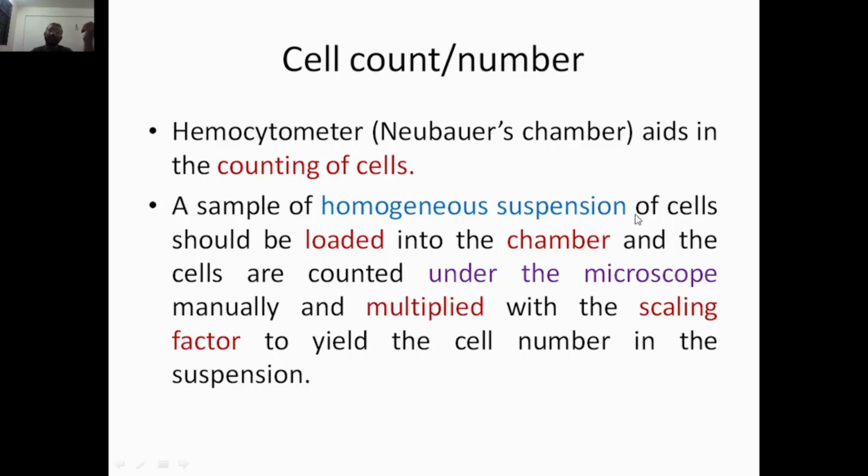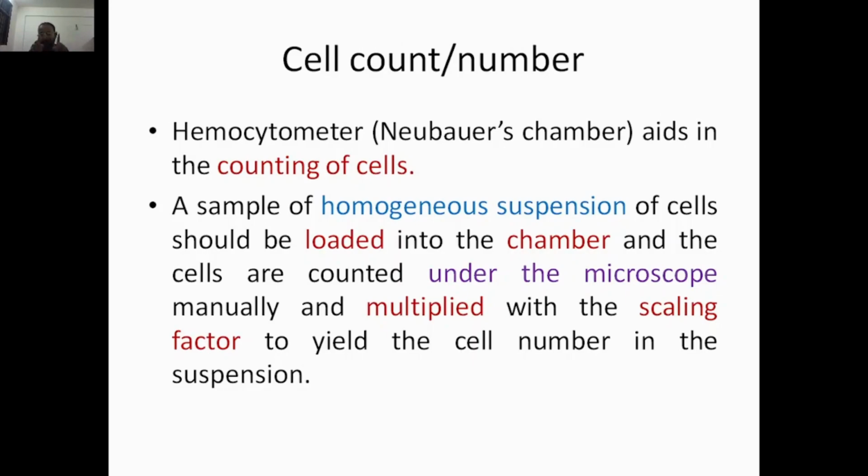A sample of homogeneous suspension of cells should be loaded. A particular sample you take, obviously a homogeneous suspension, should be loaded into the chamber, and the cells are counted under the microscope. Manually you can count. This hemocytometer has a grid with different scales.